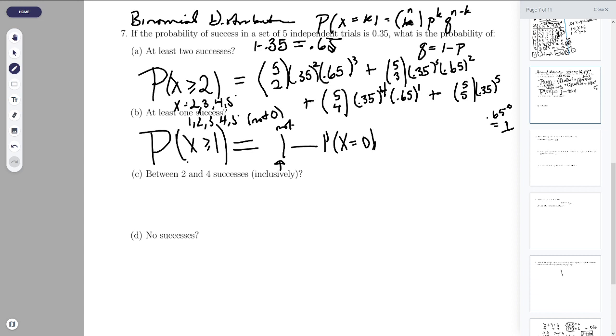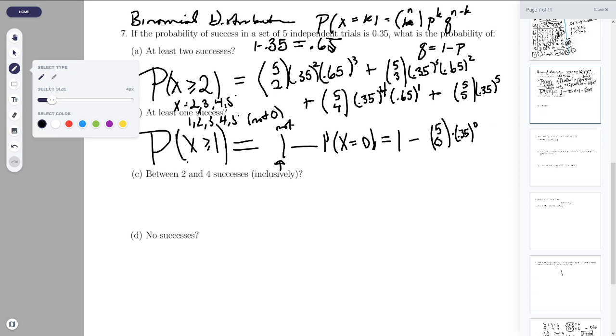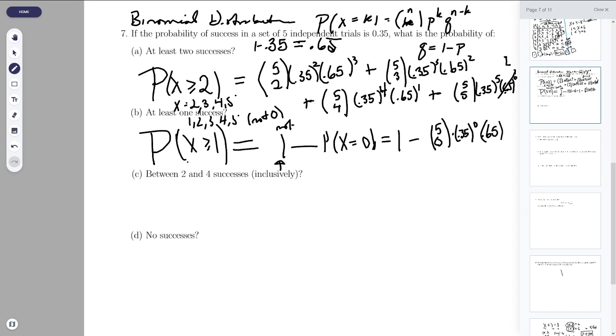So what is the probability of 0 successes? It is 5 choose 0, which is 1, times 0.35 to the 0 power, and then 0.65 to the 5th power.